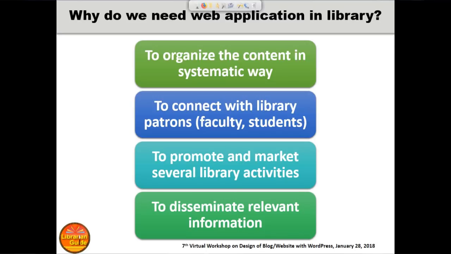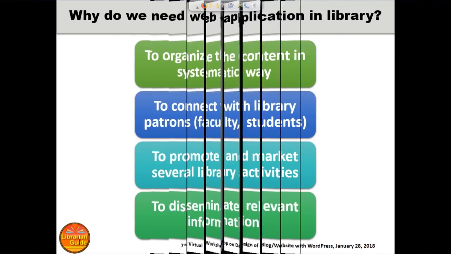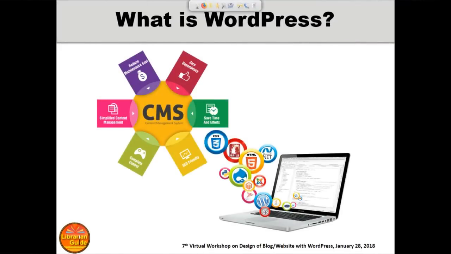Let's see now what WordPress is, because this particular workshop is designed to discuss WordPress. We are all aware that WordPress is a content management system, and the main thing is that it is an open source content management system. It means the code of WordPress is open to all.